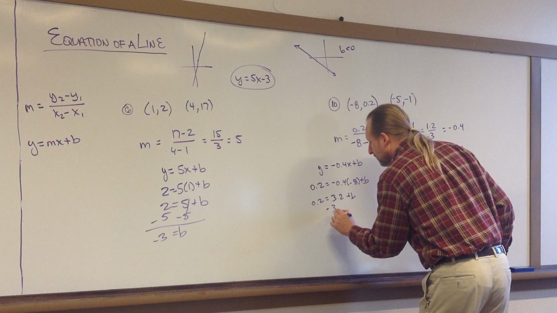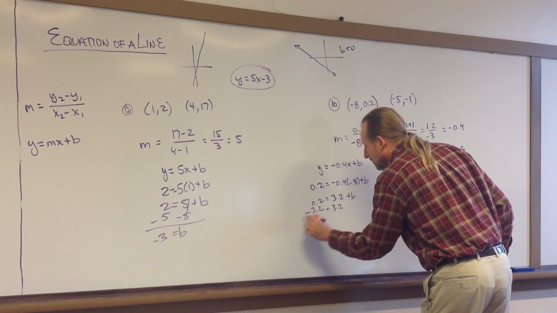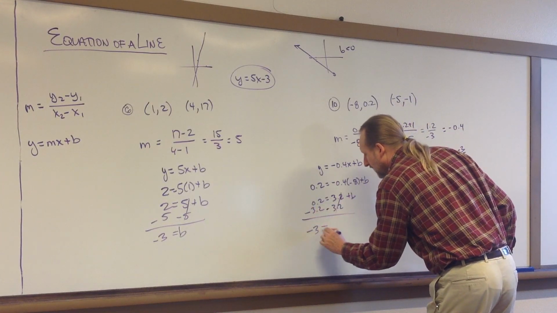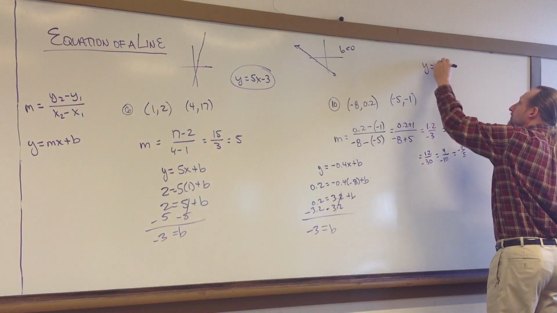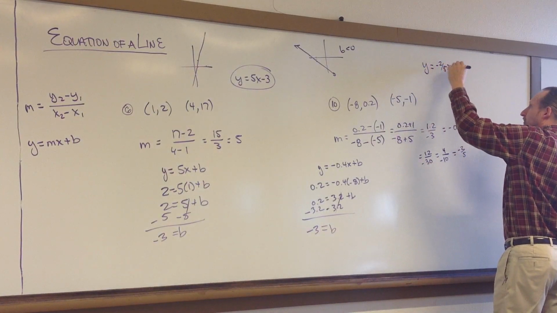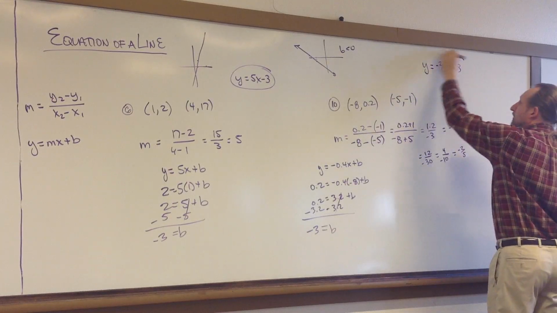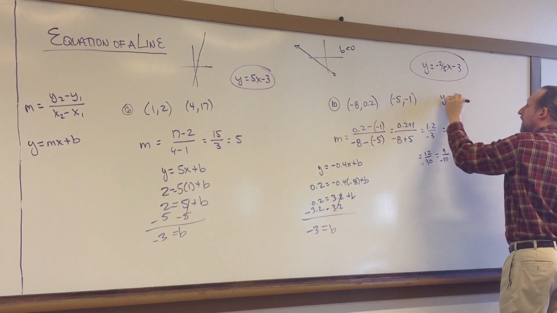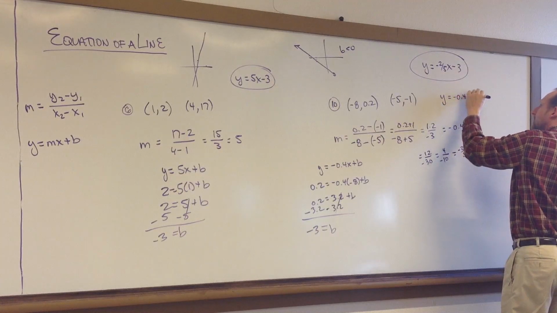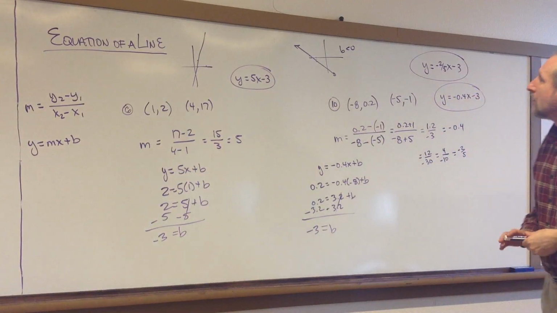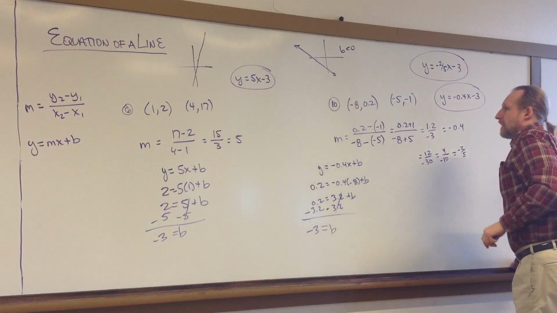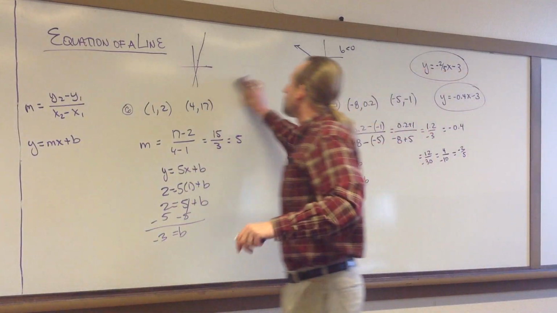And then subtract 3.2 on both sides, and so this should be negative 3 for our b. So y equals negative 2/5 x minus 3. That's a good answer. Y is negative 0.4x minus 3. That's also a good answer. Alright, let's see what else we've got on this.